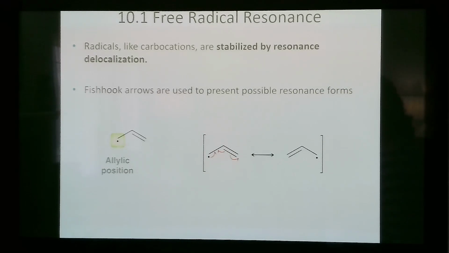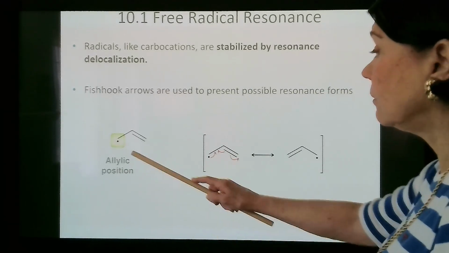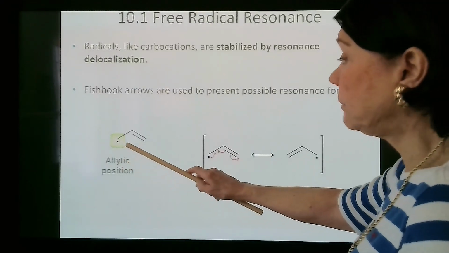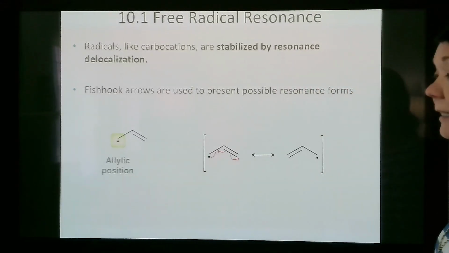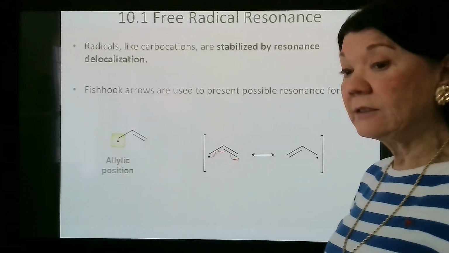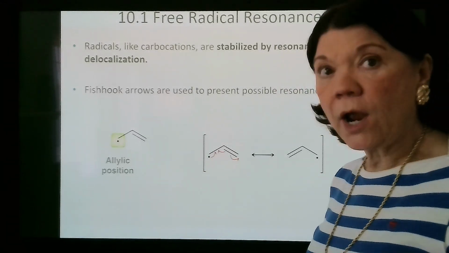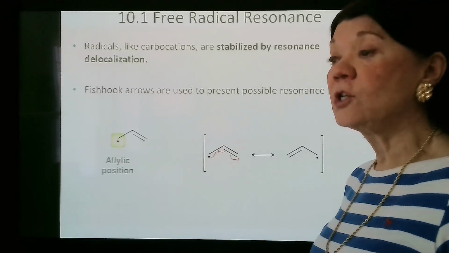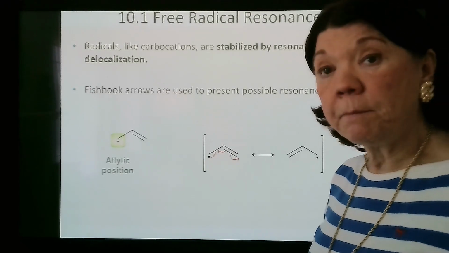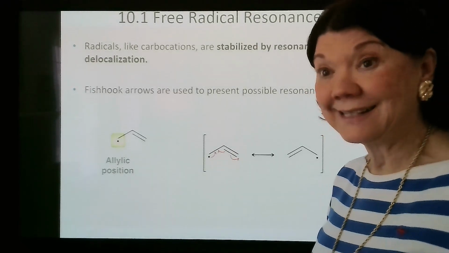Similar to the cations, the radicals can be stabilized by resonance delocalization. Instead of thinking of it as spreading out the positive charge, here you think of it as spreading out the unpaired electron density.